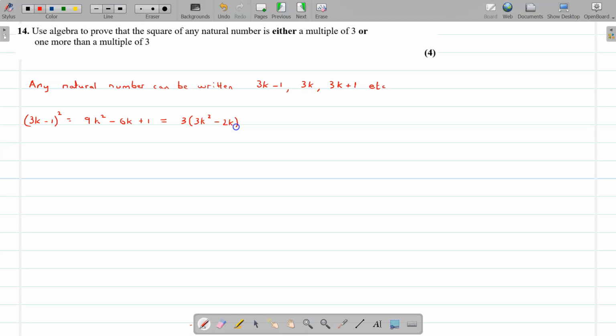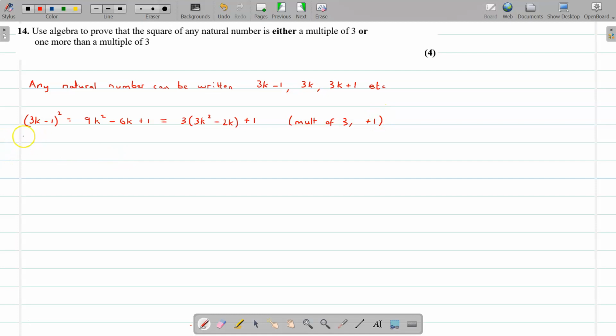In other words, I'm showing that it's a multiple of 3, but with a remainder of 1. So that's a multiple of 3, plus 1. I put the comma there just to separate that, because it's not a multiple of 3 plus 1, it's a multiple of 3 with 1 added at the end.